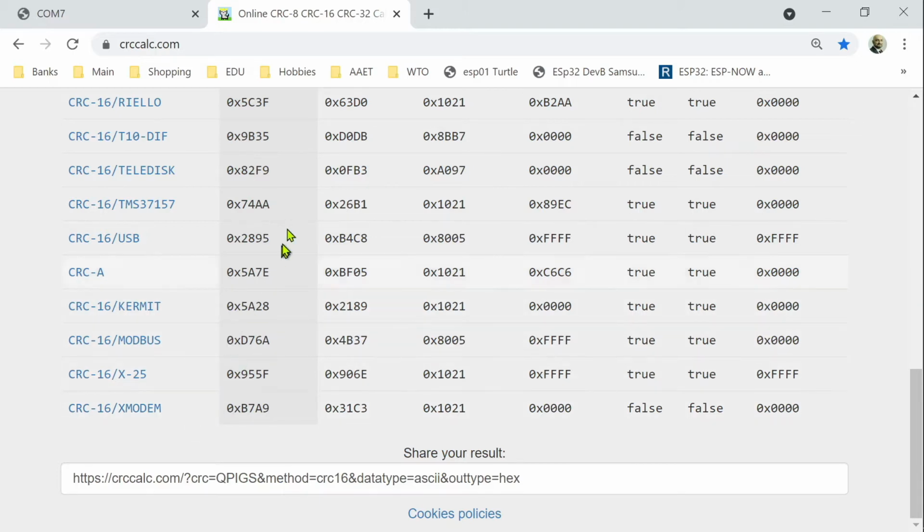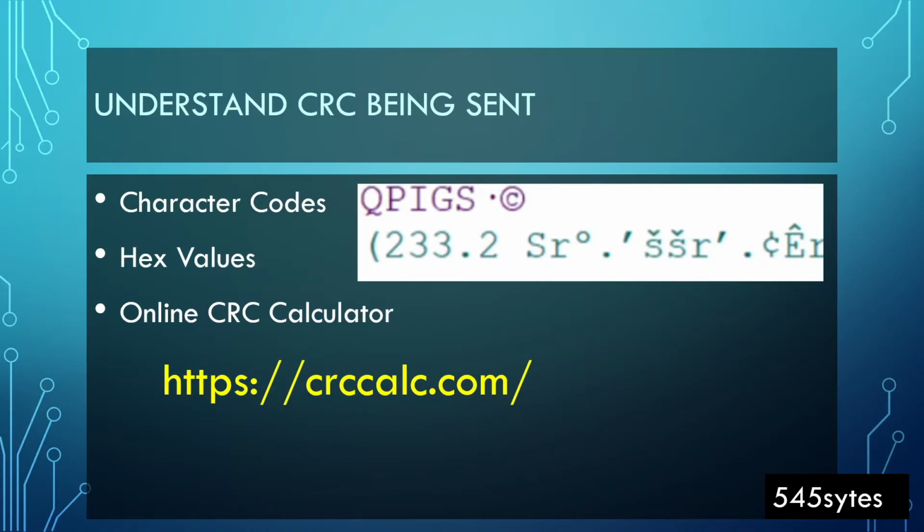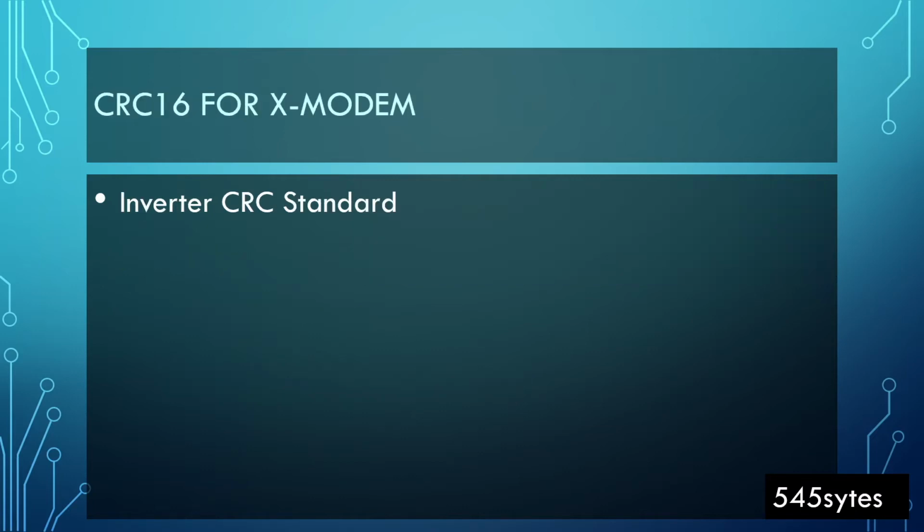So this is the second method of getting the CRC code. The first method was sniffing the serial port. There are two more methods, and I will talk about them in upcoming videos, but all you need to do is remember this: CRC 16 XMODEM.